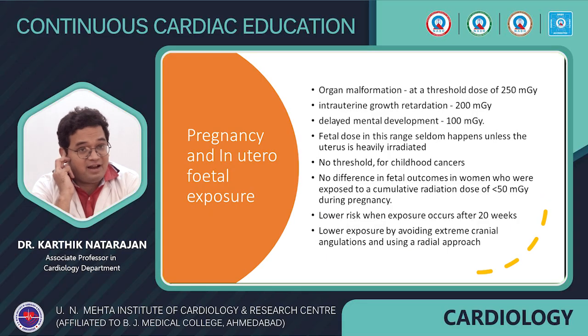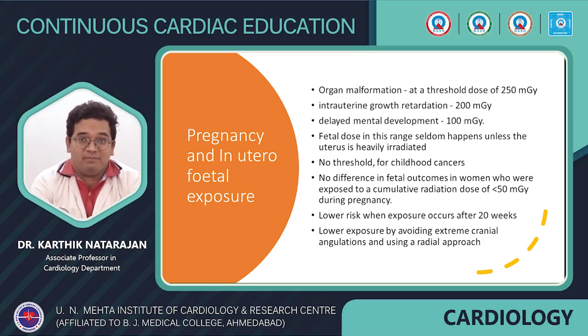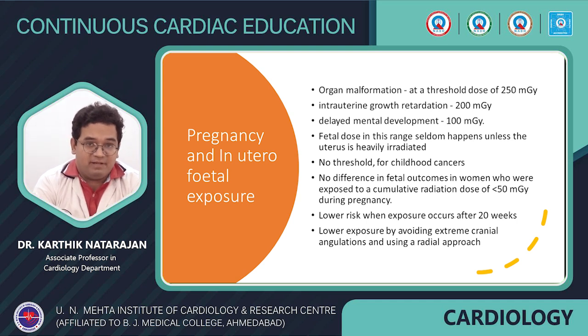One statement regarding pregnancy. Now, organ malformation can occur at the threshold dose of 250 milligray. Intrauterine growth retardation at 200 milligray and delayed mental development with 100 milligray. And fetal dose in this range seldom happens unless the uterus is heavily irradiated. There is no threshold for childhood cancers, no difference in fetal outcomes in women who were exposed to a cumulative radiation dose of less than 50 milligray during pregnancy, and lower risk when exposure occurs after 20 weeks.